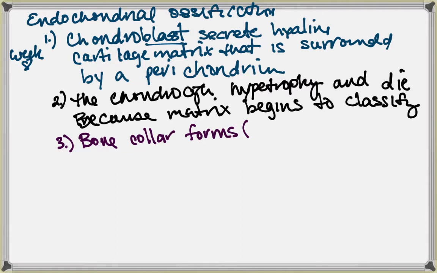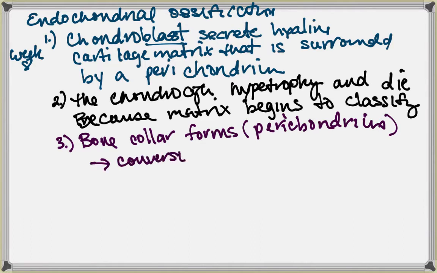And that happens in the perichondrium. And this happens because basically you have this conversion of stem cells that are there into osteoblasts.